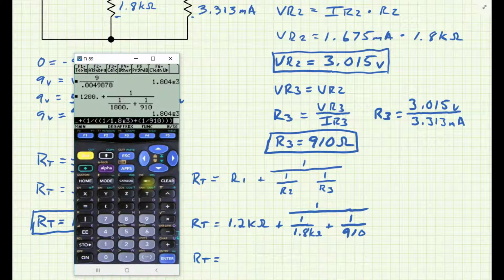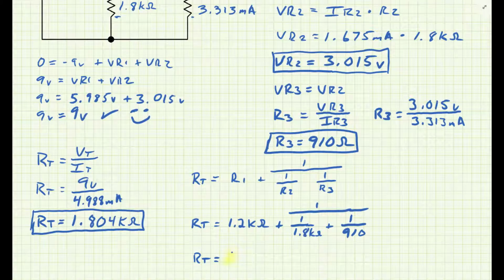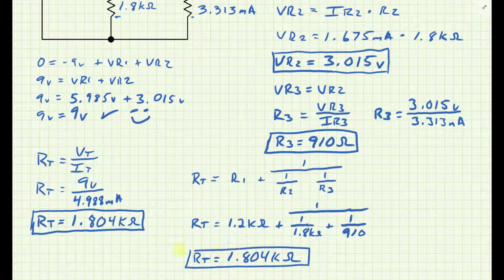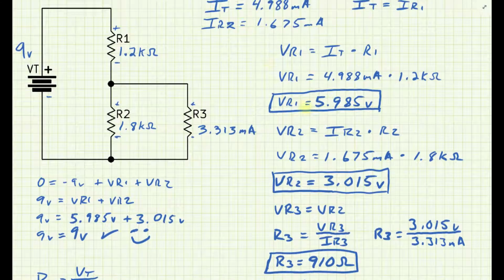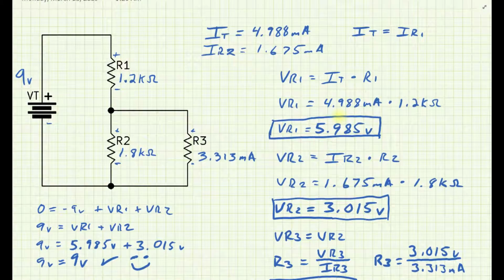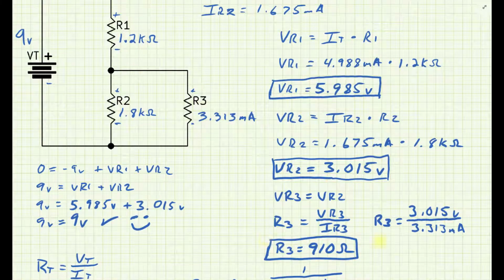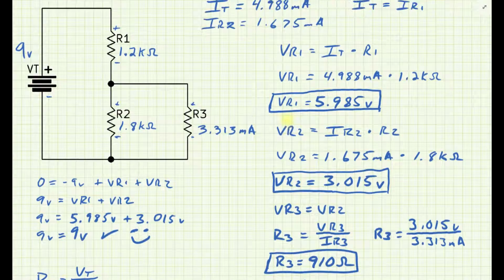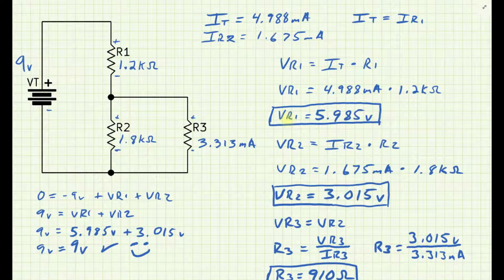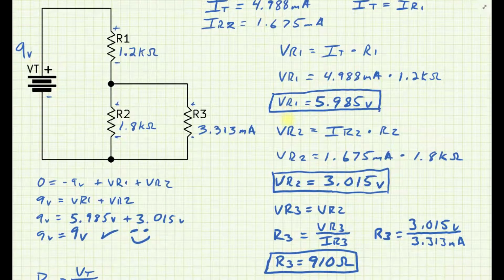Okay, so it turns out I get the same answer. Let's see. 1.804 kilohms. So essentially I've solved resistance a couple different ways. I've Kirchhoffed and used my voltage loops, my original equations, to verify that all these numbers are correct. I actually had what I needed all the way up here, but I like to double check because the little math errors are the ones that are really going to haunt you forever.